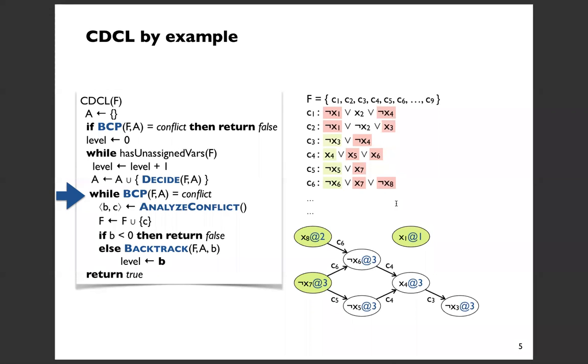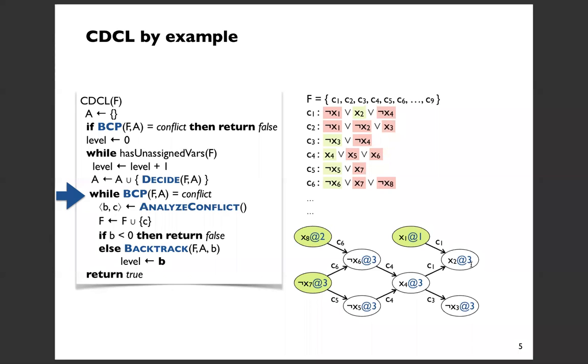So X4 becoming 1 makes C3 unit and implies X3 to be 0. And once X3 is 0, in C1, due to earlier decisions, X2 will be inferred to be 1.